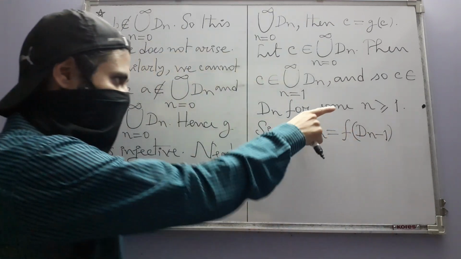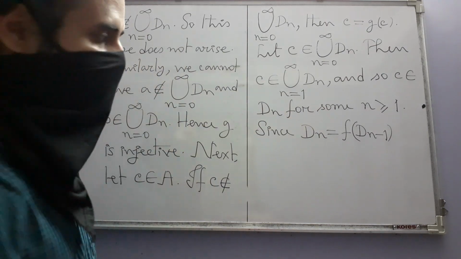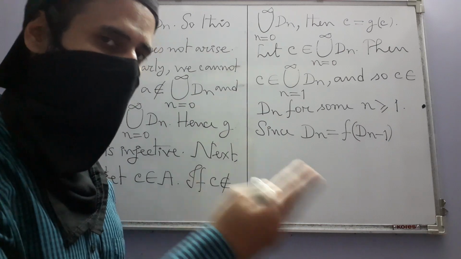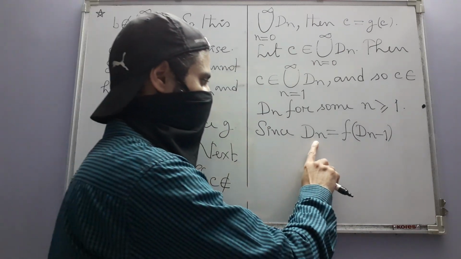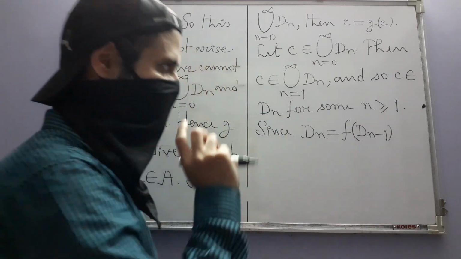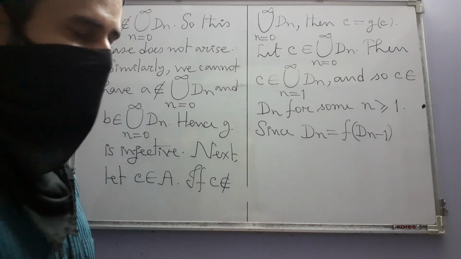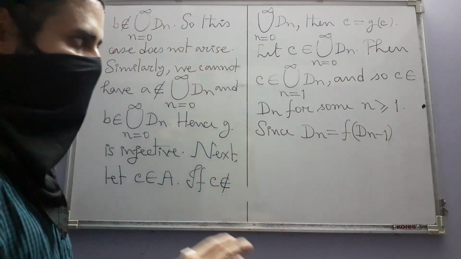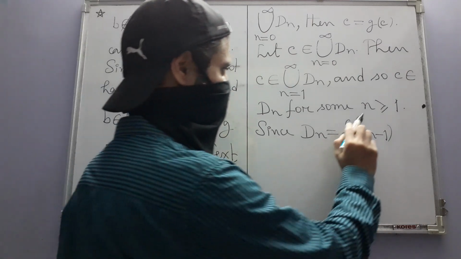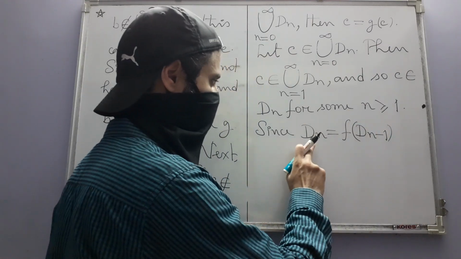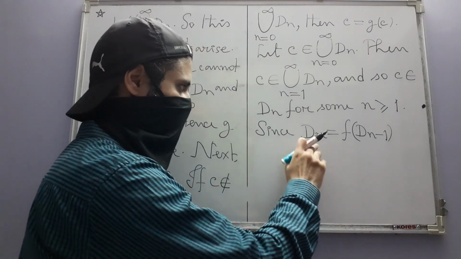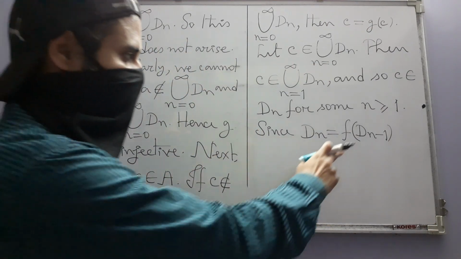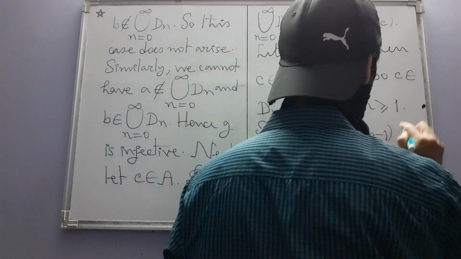This is where we have used this positivity, because D0 is not an F image. D0 is B difference A. But D1, D2, these are F images of the previous Ds. Because our n is positive, Dn is f of Dn minus 1. So even if n has the smallest value 1, we are looking at D1, which is f of D0.